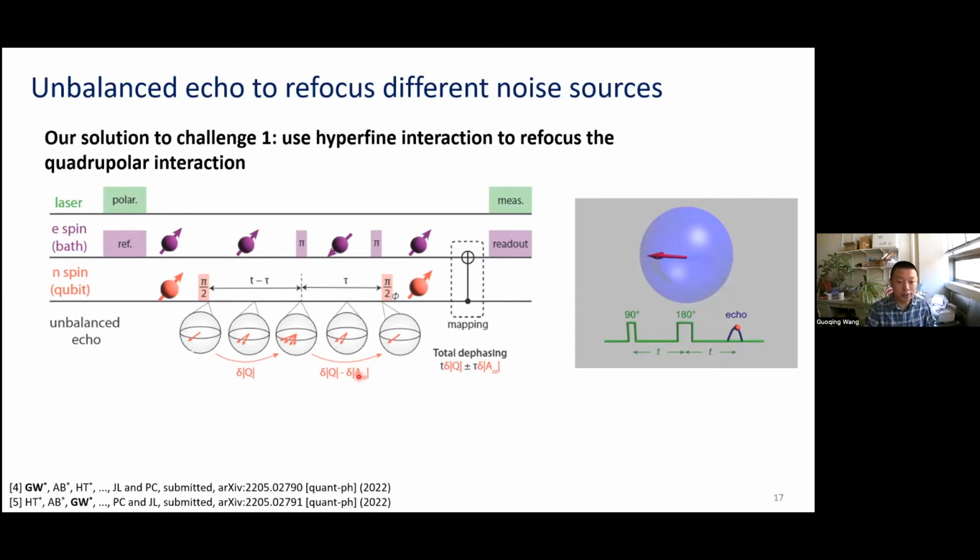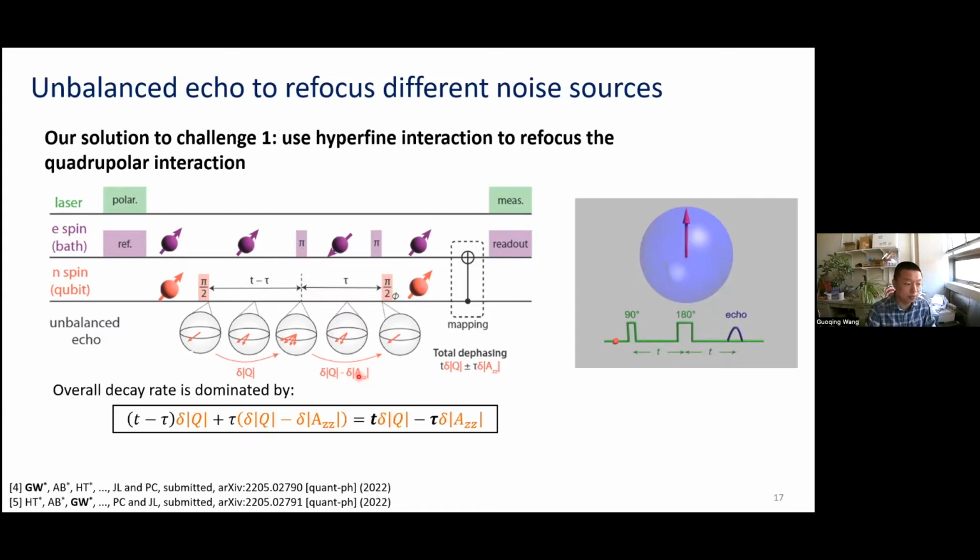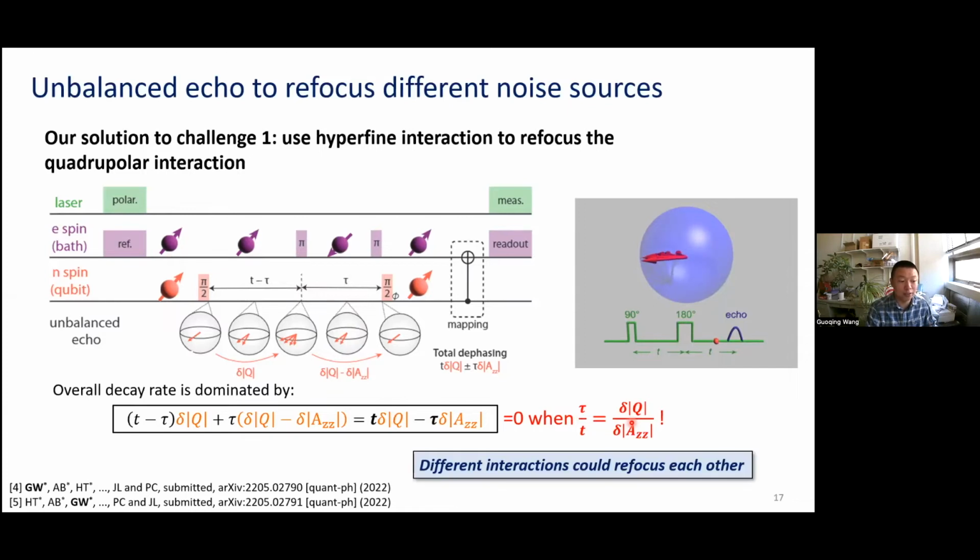The total noise accumulation in this whole process is given by the sum of these two periods, which gives you T delta Q minus tau delta A_zz. So when tau over T is equal to the ratio between the Q and A_zz variations, the two interactions will refocus with each other, and the noise accumulation term will be 0. So you will have the longest coherence time, hopefully.